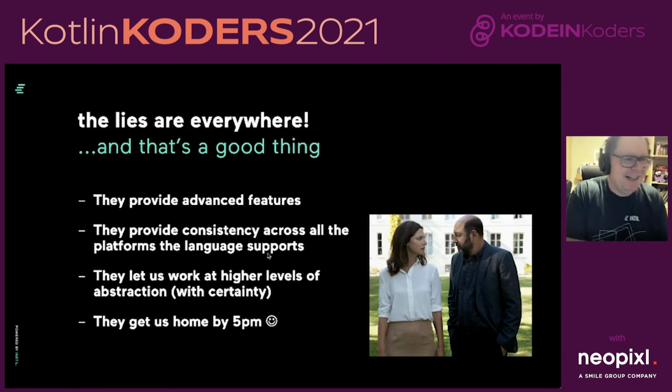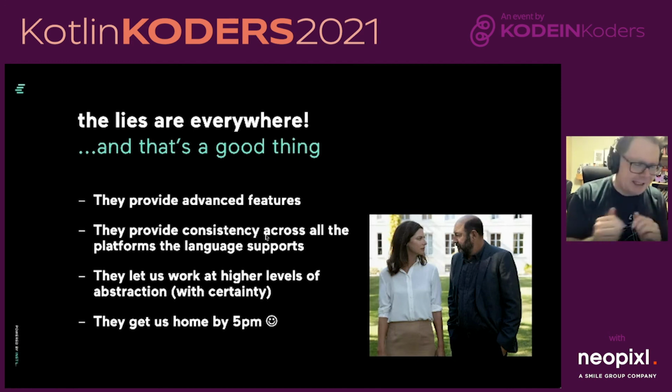So lies are everywhere, and lying can be a good thing. The Kotlin compiler lies to us in order to provide advanced features, and in order to ensure consistency across all the different platforms that the language supports. So there are small lies told to us in the language itself.